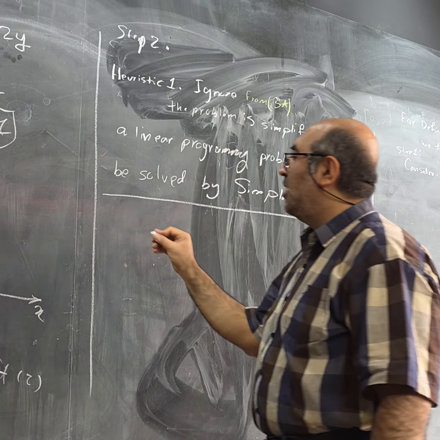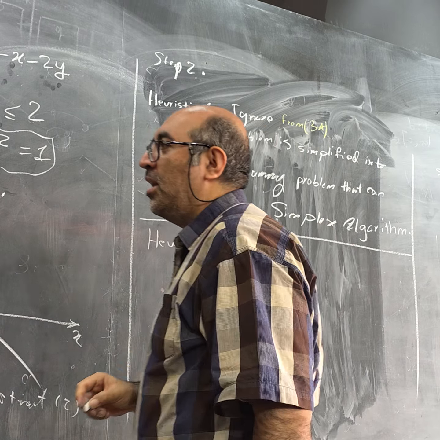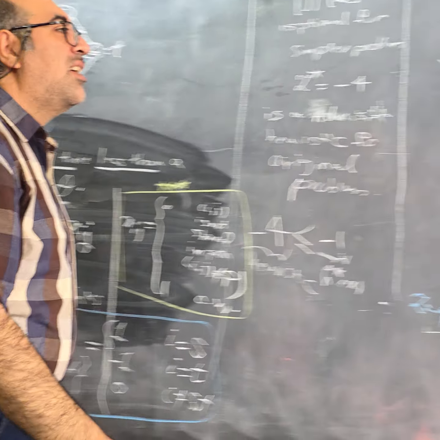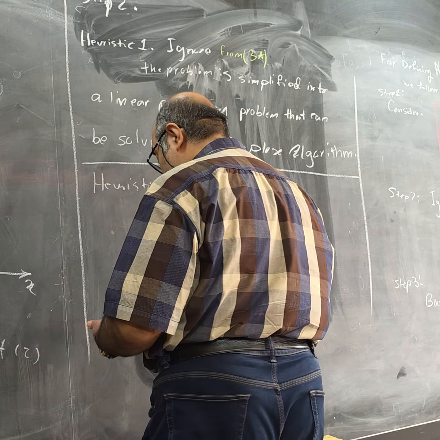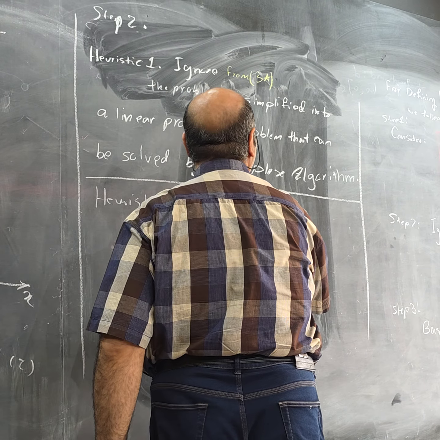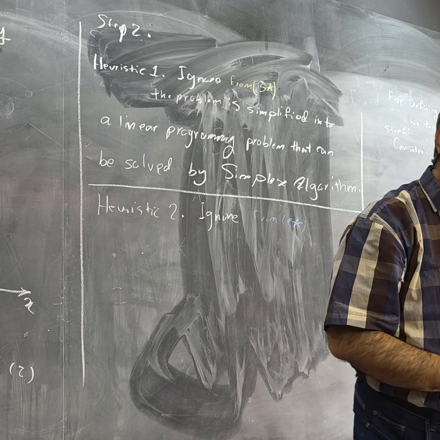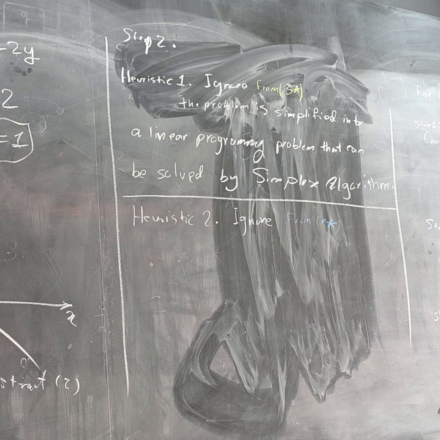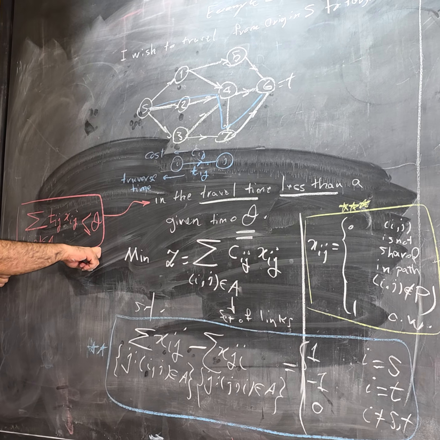Heuristic 2. Ignore constraint 2 star. If you ignore this constraint, this objective function should be minimized with respect to this constraint.